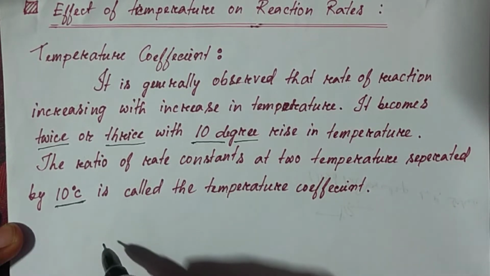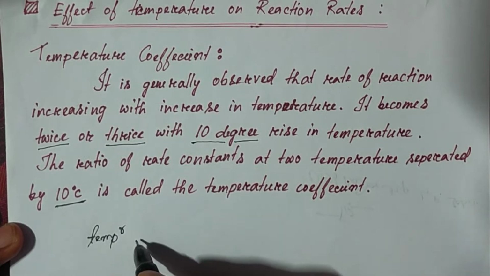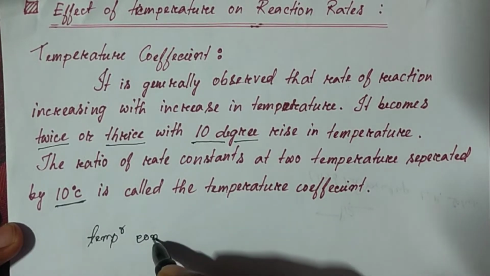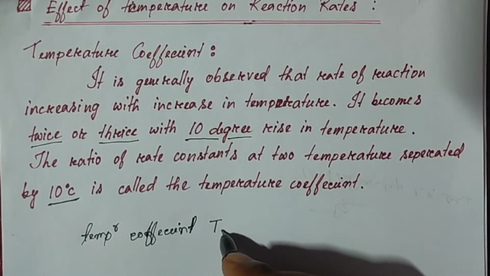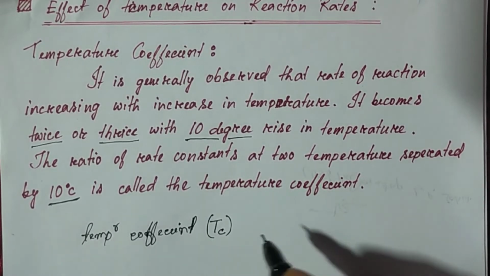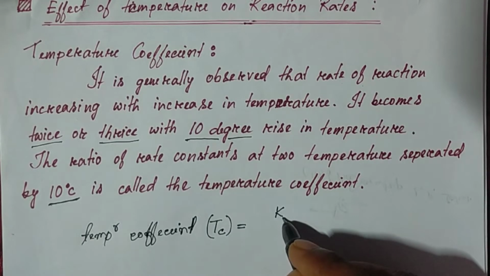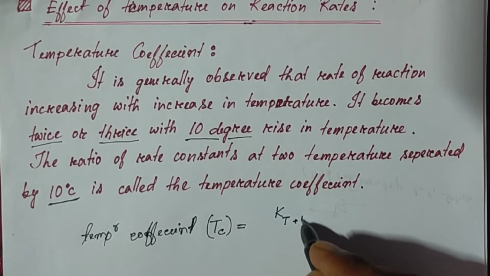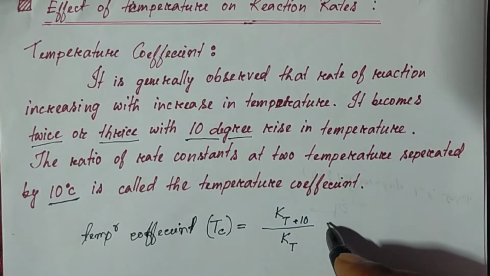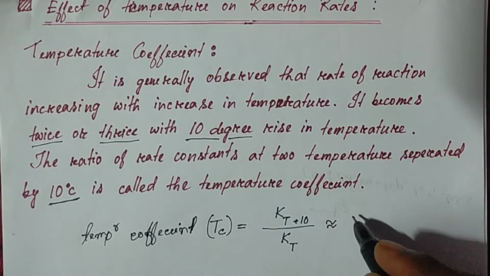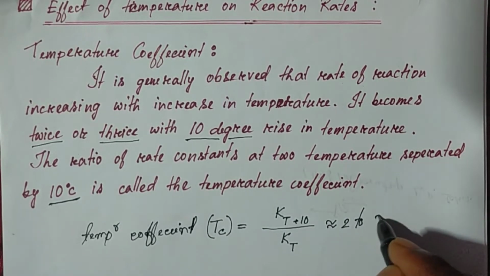So here it is: temperature coefficient Tc is equal to K(T+10) divided by K(T), and it is approximately equal to 2 to 3.